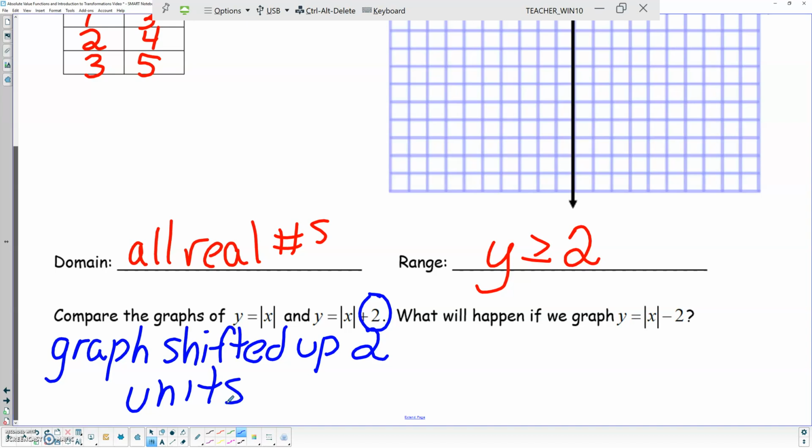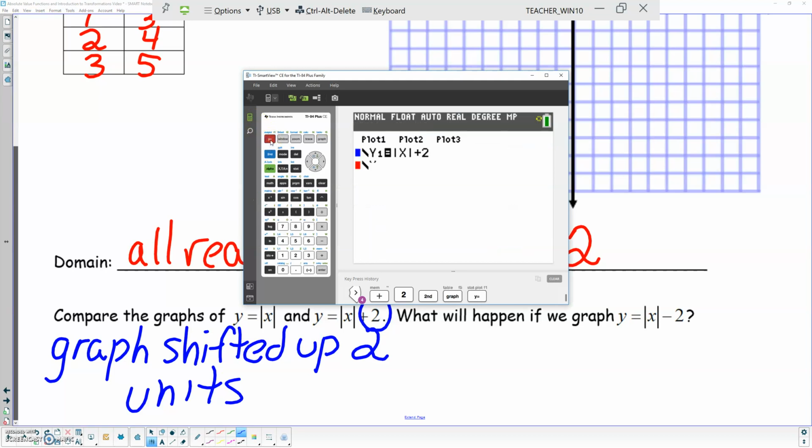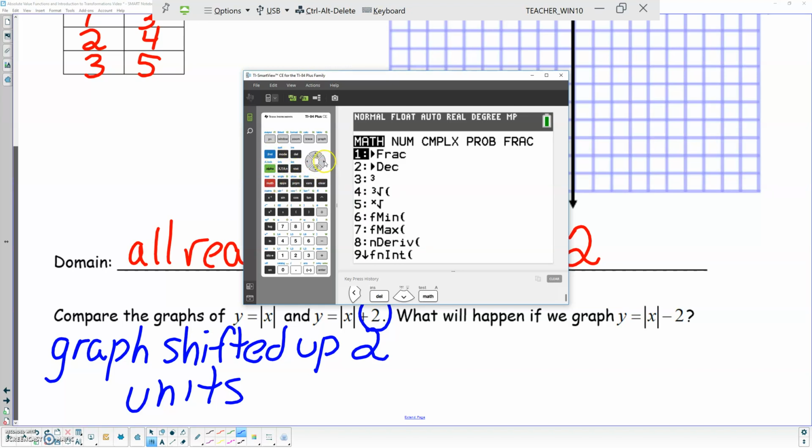All right, and this is something we can also verify with the calculator again. Okay, so I'm going to go back to y equals, and in y1, I'm just going to type in the absolute value of x. So I'm going to delete the plus 2. Okay, so y1 is the absolute value of x. y2, I'm going to type in the absolute value of x plus 2.